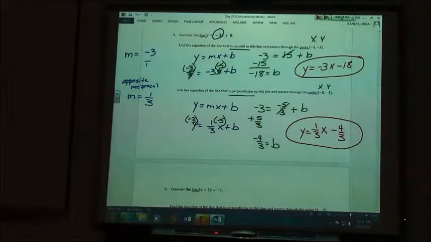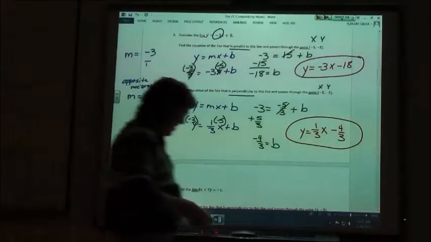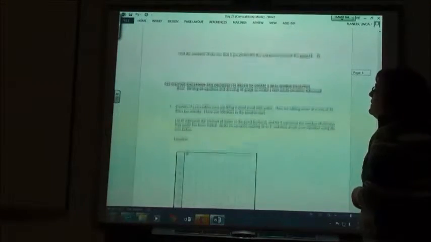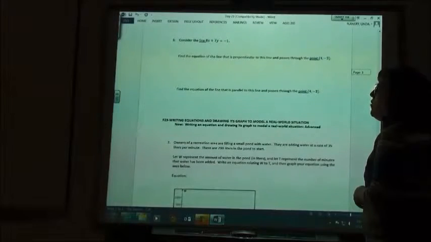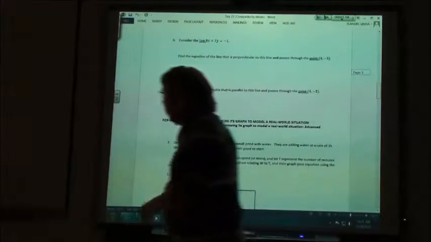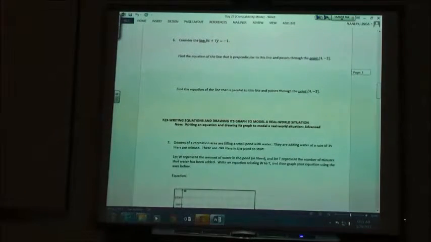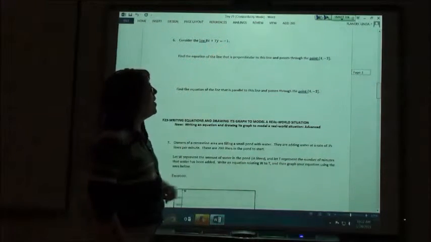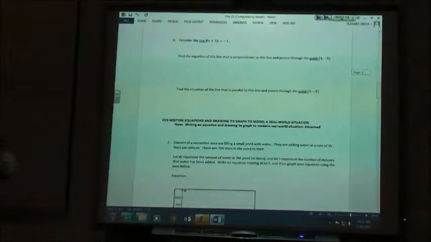Now, they made it just a little bit trickier on number 6. Because look at your equation. My equation doesn't say y equals something, does it? So we have to rearrange this one first before we can even start our problem. I have to solve that one for y so that we get it in the y equals form.